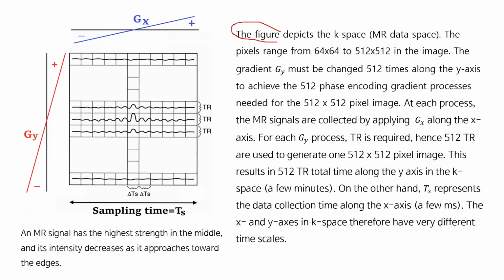The figure depicts the K space, MR data space. The pixels range from 64 by 64 to 512 by 512 in the image. So this is a pixel.